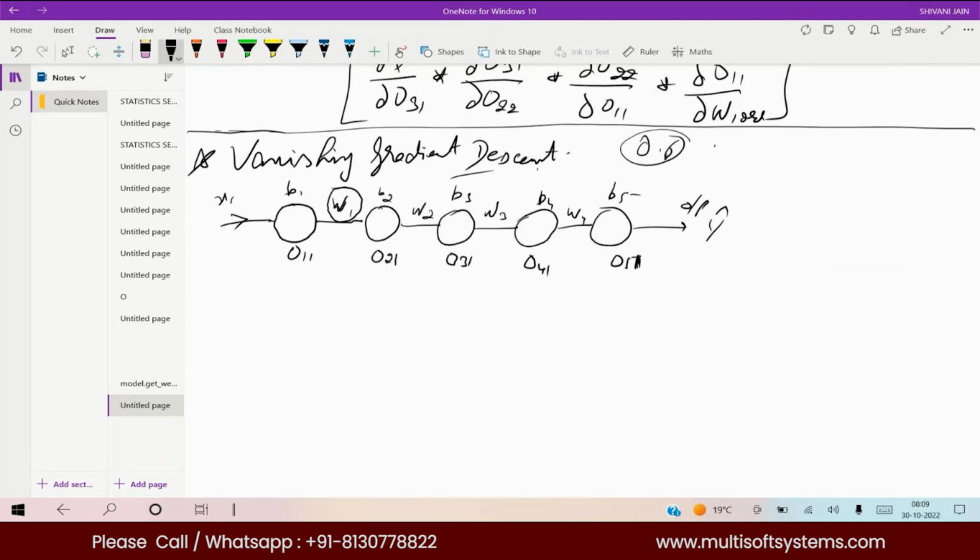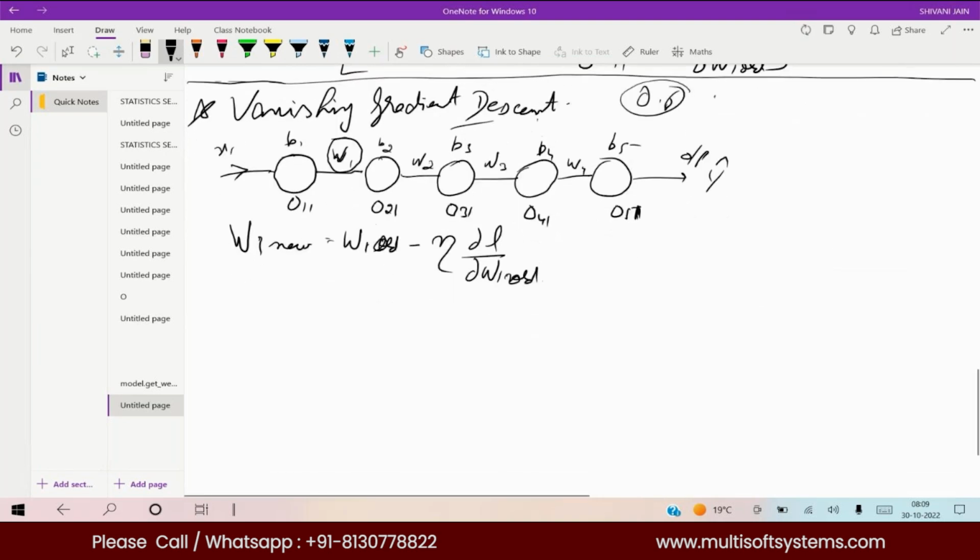So can I write using the chain rule of differentiation? How will I write this? W1 new is equal to W1 old minus eta times the derivative of loss by derivative of W1 old. This will be my weight updation formula. Now I have to calculate this slope.